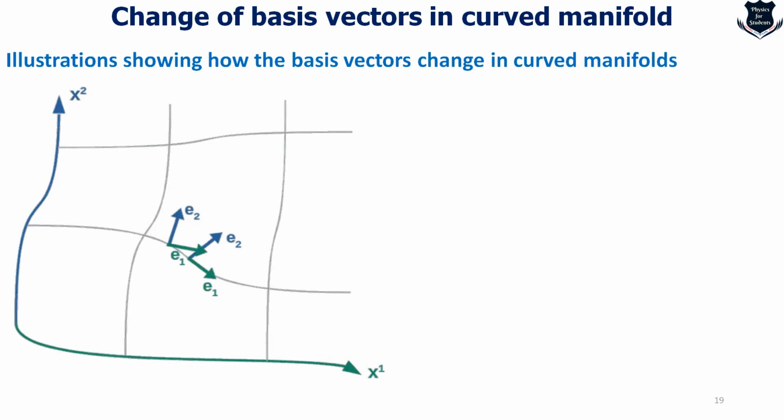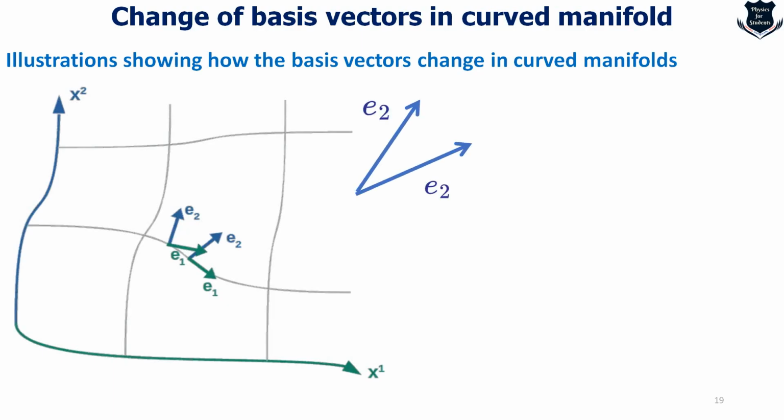In the next picture, you can see along the x1 axis how the basis vector E2 changes. You can see the E2, the blue one, and how it changes.